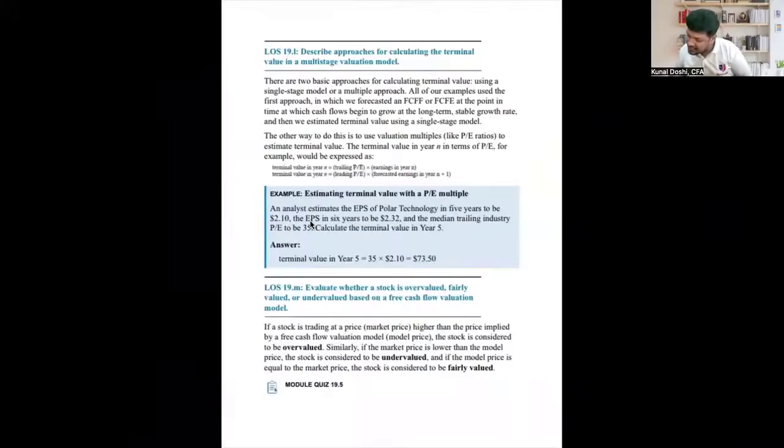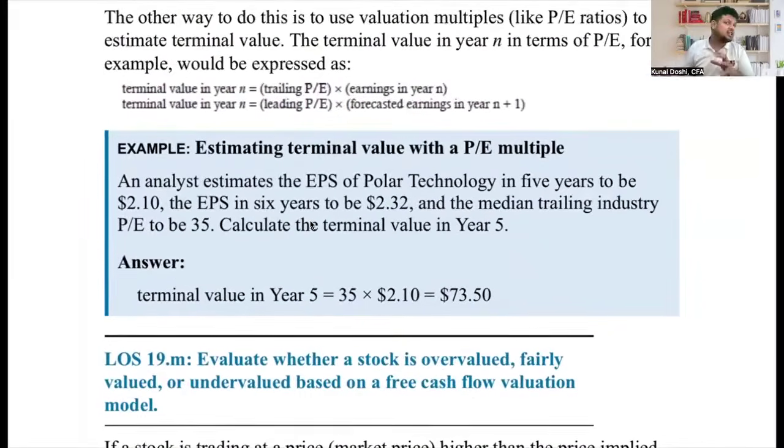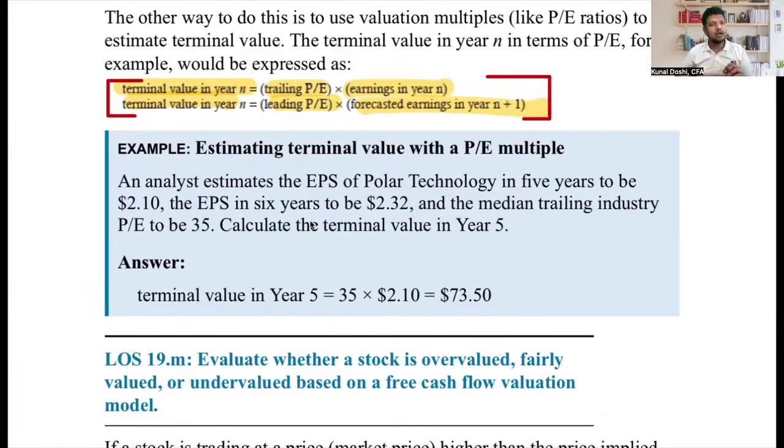Terminal value is the last year value, which you can find using the constant growth rate model or using the PE based approach. This we are going to learn in more detail. This is for the last year, the terminal year. Just remember one thing: if you're using a trailing PE, you use the current year earnings. If you are going to use the leading PE, you will have to use the next year earnings. Understood this part?